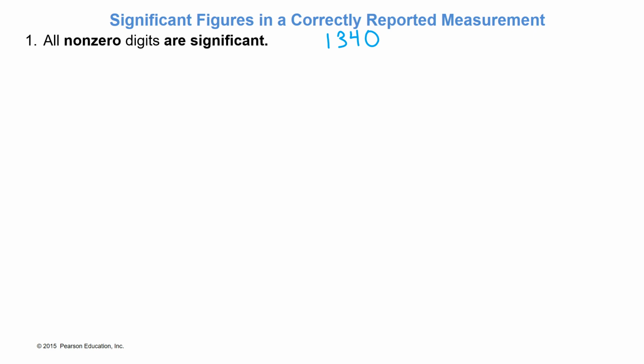So this number, as it's reported right here with no decimal points, no other markings or anything like that, the only numbers that I'm going to consider significant are the 1, 3, and the 4. So there are 3 sig figs in that number. So what does that zero have to represent?